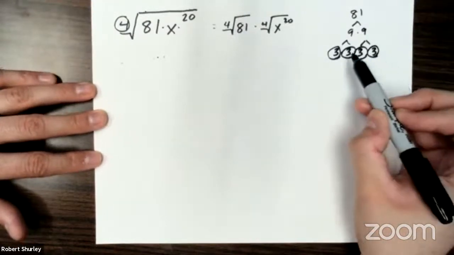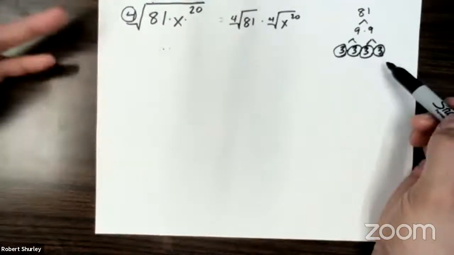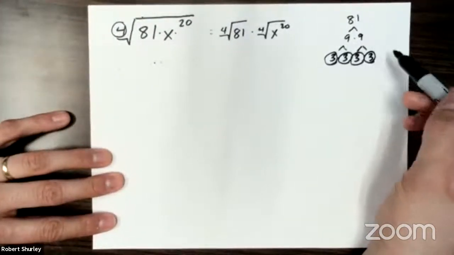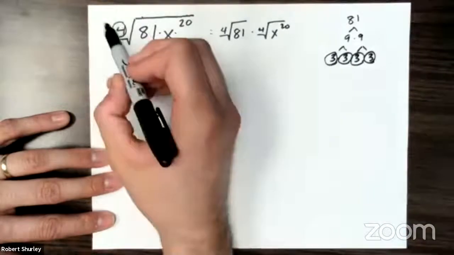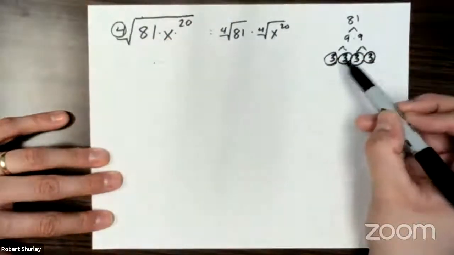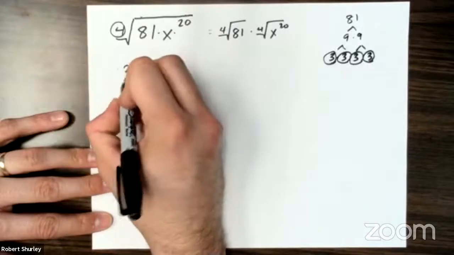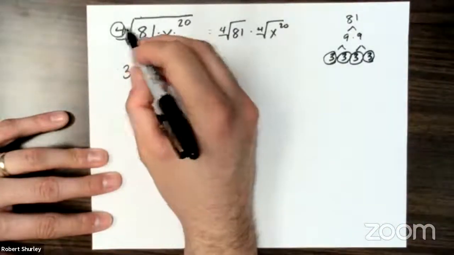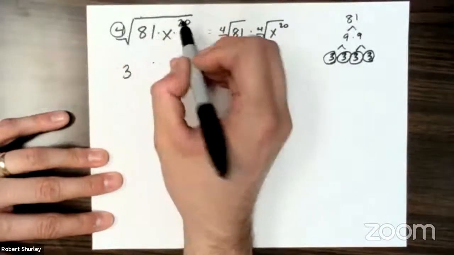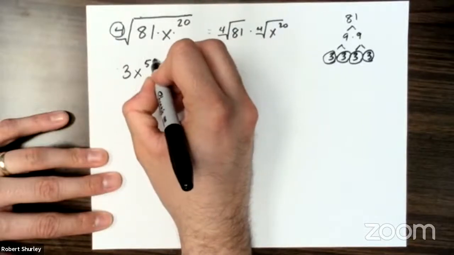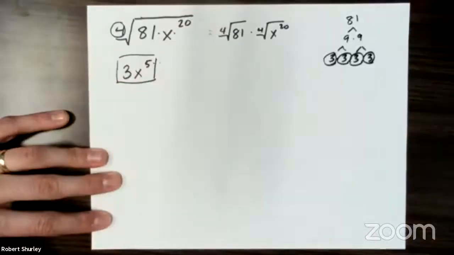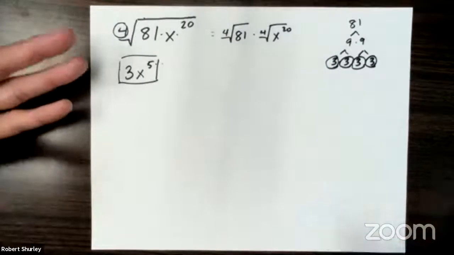We got 4 of a kind, right? 4 3s, nothing left over. There's not some random variable left or number left over. 4 3s. We're looking for a 4 of a kind. Boom, it matches. So the fourth root of 81 is just 3. And then x to the 20th. Well, how many times does 4 go into 20? 5 times. Pretty cool.